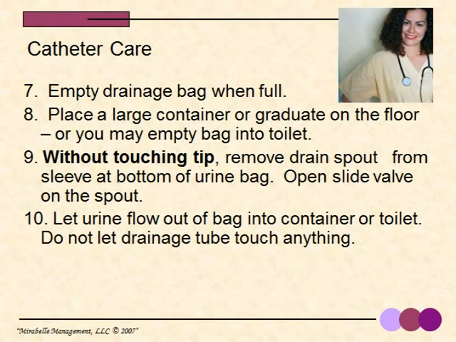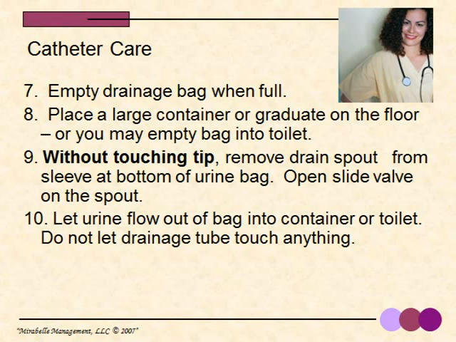Next, empty the drainage bag when full or nearly full. Place a large container or a graduate on the floor, or you may simply empty the bag into the toilet. Then, without touching the tip, remove the drain spout from sleeve at the bottom of the urine bag and open the slide valve on the spout.